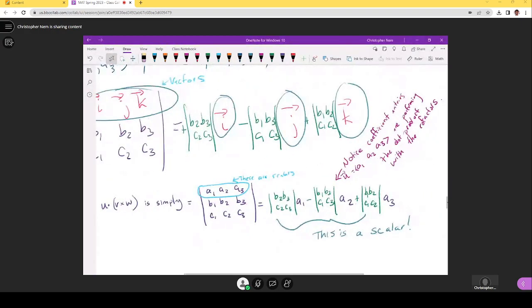And notice that the negative that we alternate with is not on the scalars. That is on the determinant values. A lot of books will write the negative on the scalars, which you can do because it commutes, but it's more clear to write the negative on the determinant of b1, b3, c1, c3 times the scalar a2.